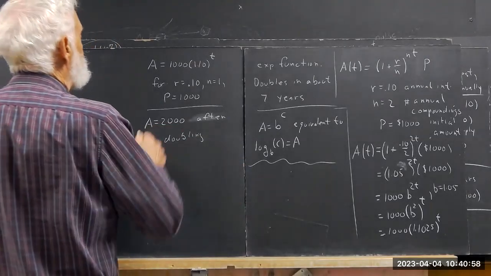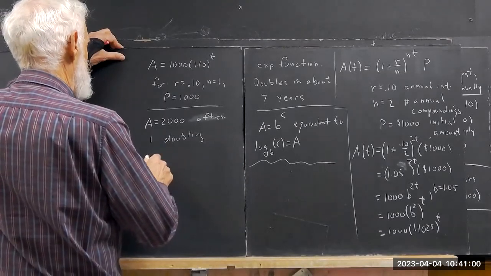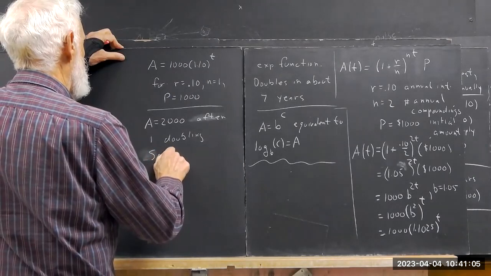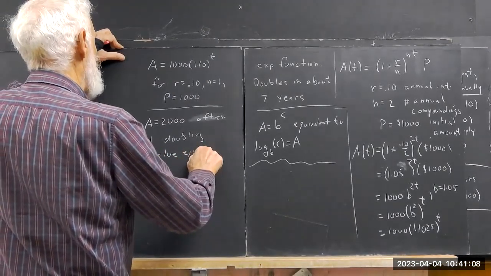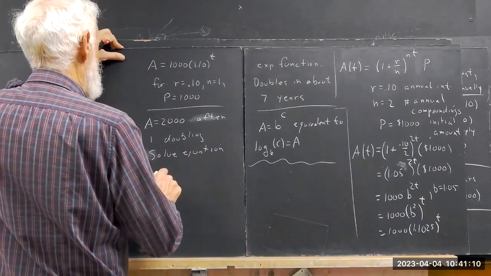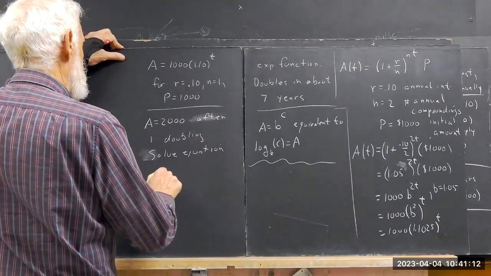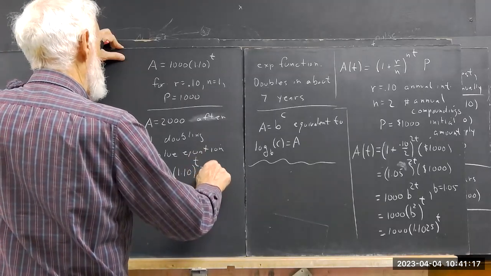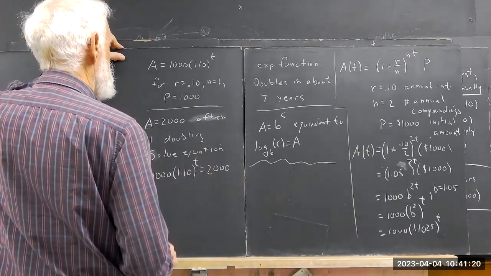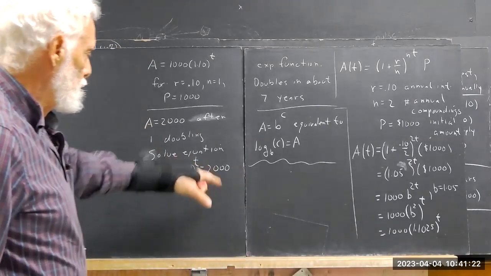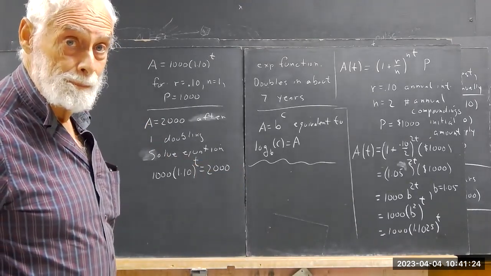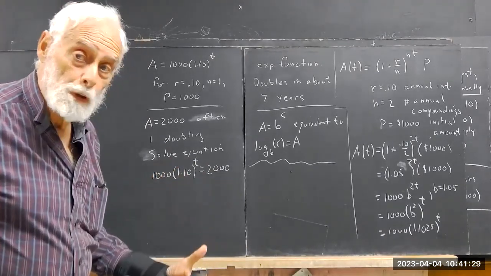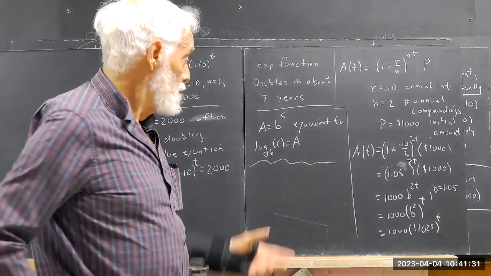We're going to solve the equation 1,000 times 1.1 to the t equals 2,000. This is a really easy equation to solve if you can use this.